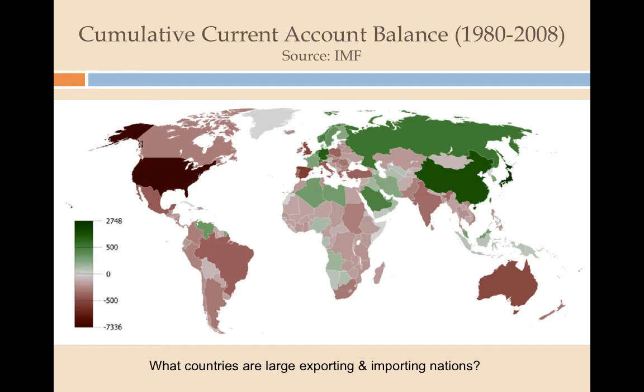The red, the darker the red, the worse the deficit, has to do with a current account deficit. Take a look and see if you can identify the nations that have big current account surpluses and deficits, and think about why they have them. Go ahead and take a minute and jot them down.